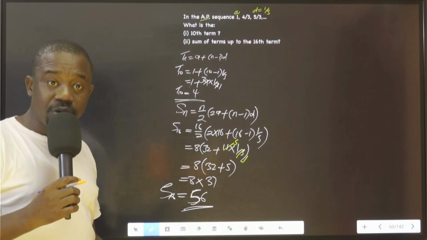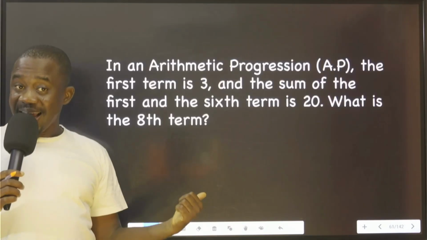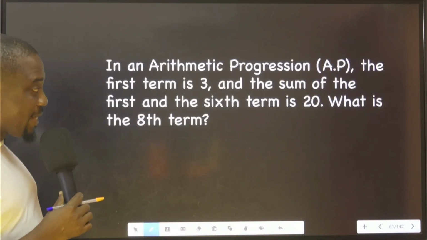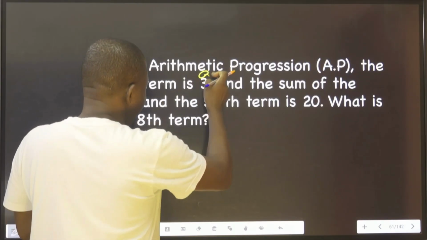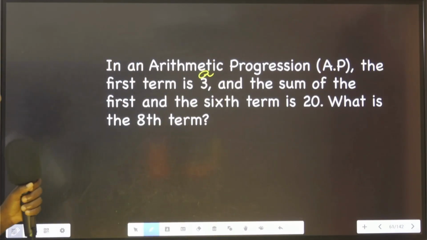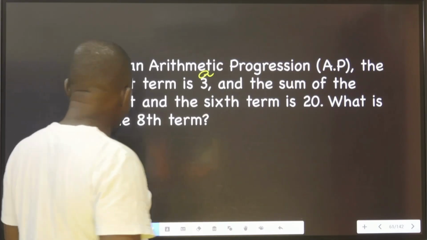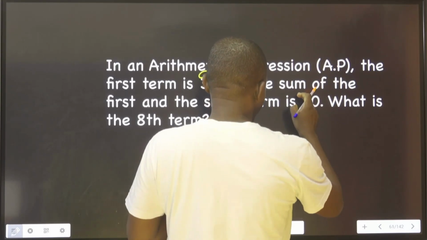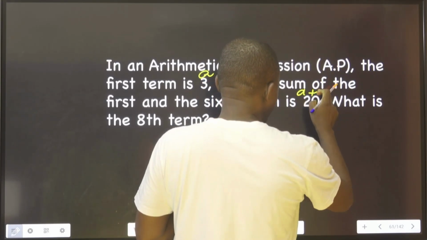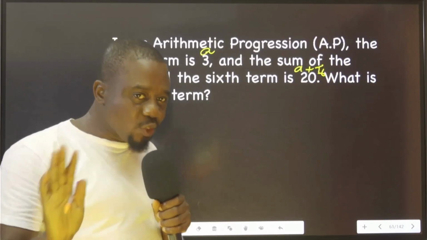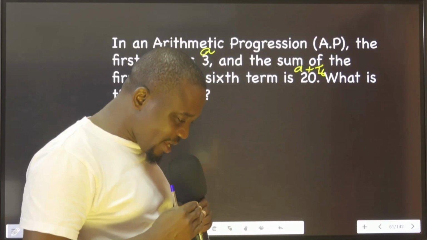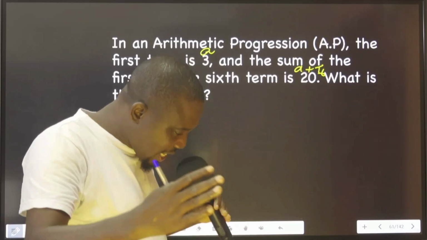All this understood. Thank you for viewing. Let's look at this. It says, in an arithmetic progression, AP, the first term is this. That is A. The sum of the first and the sixth term is 20. That is A plus the sixth term. What is the eighth term? This one is not like first, second, third add together.